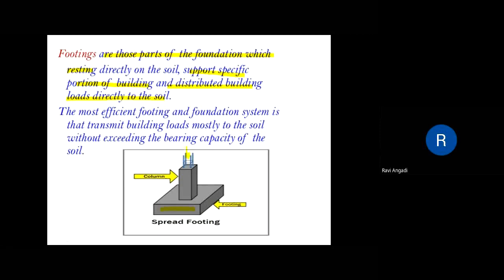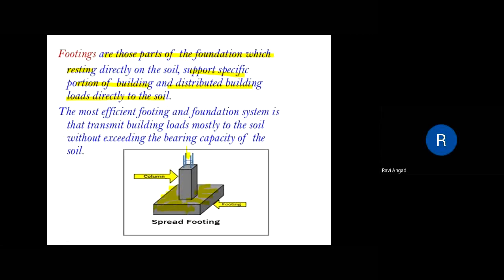As you know, the load transfer is from the slab to the beam to the column to the footing to the soil. But footings are provided just to distribute the load over a wider area, hence to reduce the pressure below the footing, so it can be distributed widely over the area. That is the function of a footing.